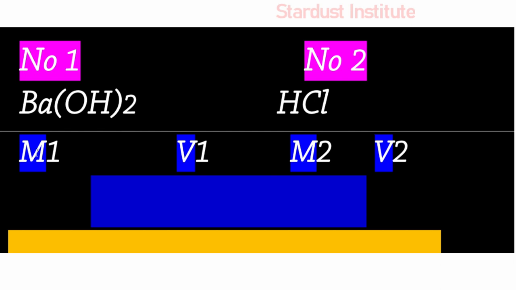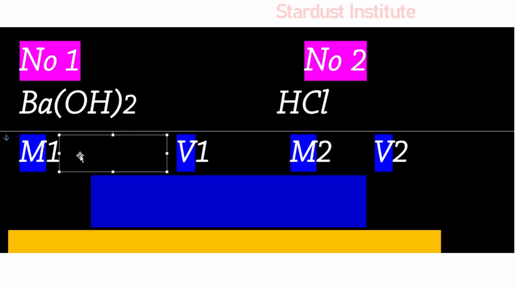Now we have taken barium hydroxide solution as number 1 solution. Therefore, we can take molarity of this barium hydroxide solution as M1, volume of this barium hydroxide solution as V1. We have taken HCl solution as number 2 solution. Therefore, we can take molarity of this HCl solution as M2, volume of this HCl solution as V2.